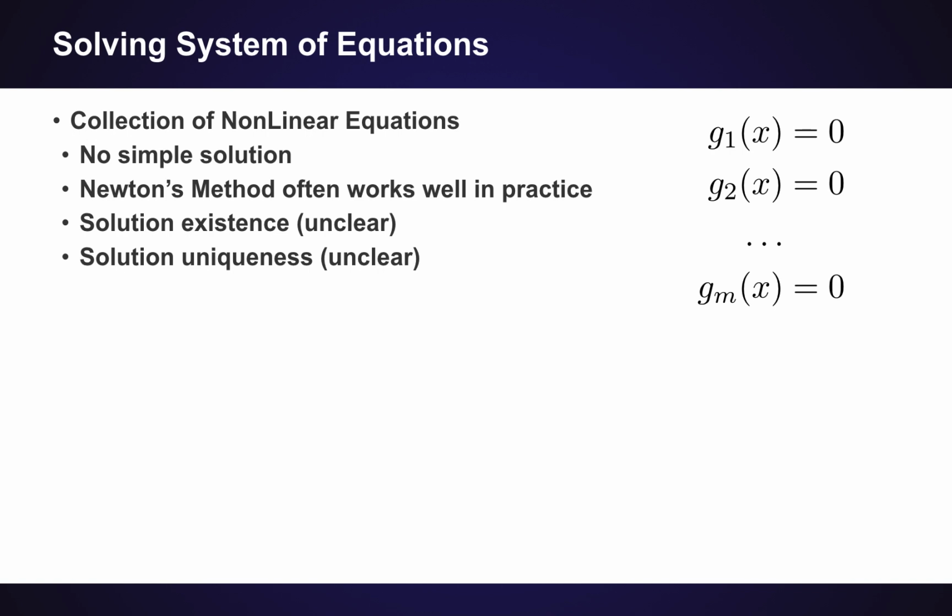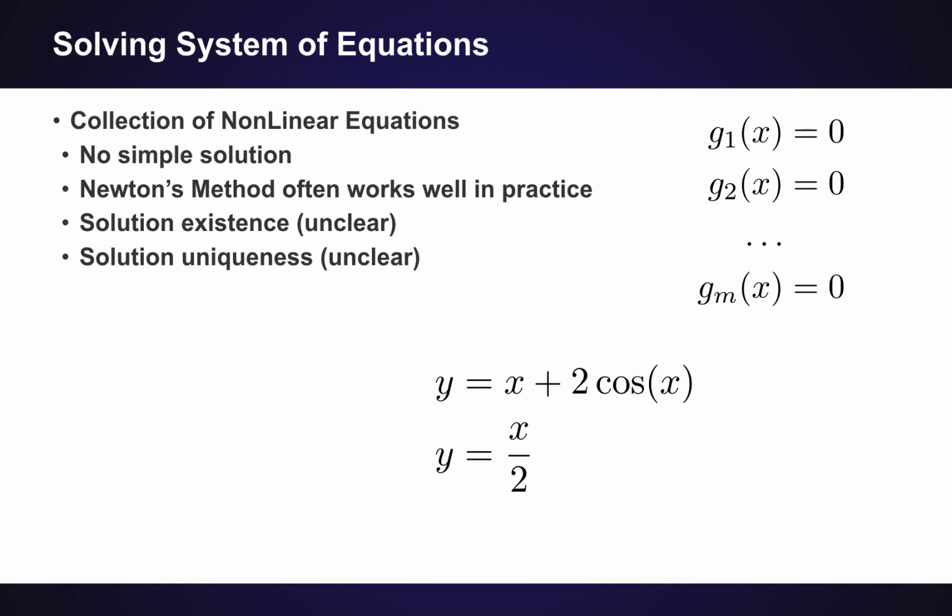So either you have to sit there and prove, for this particular type of set of nonlinear equations, how you derive a solution, or you can use numerical methods like Newton's method, and those often work well in practice to find solutions to these types of systems. But it's important to note that just answering the question, does a solution exist to a system of nonlinear equations, is not trivial. You would need to prove that on a case-by-case basis. Also, determining if the solution is unique, there's only one of them, is also non-trivial.